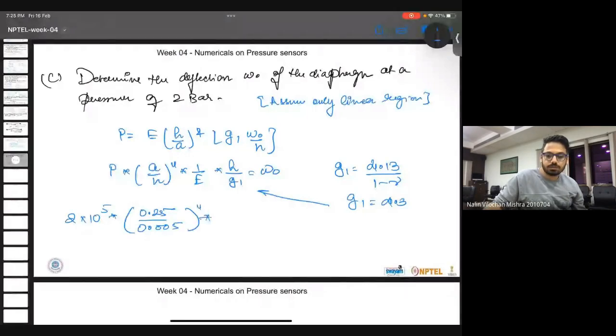Please match all the units so that you'll get the correct answer. It is 170 gigapascal and H is 0.005 by 4.3. After solving it, you will get the value of omega naught 8.55 micrometer.